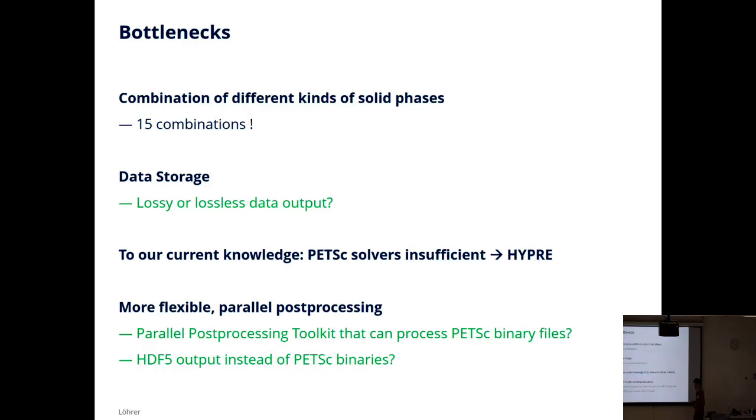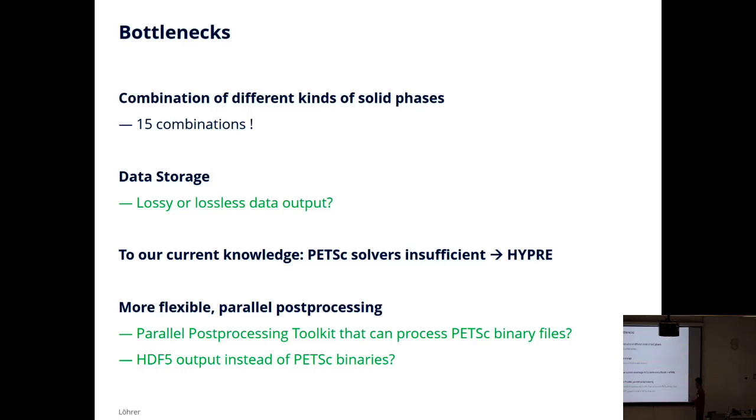We have huge binary files, and to do much post-processing, it would sometimes be good to have a way of storing compressed files that can also be lossy. And to our current knowledge, and that was before I came to this meeting, we were using hypersolvers because to our knowledge, Patsy solvers are insufficient.